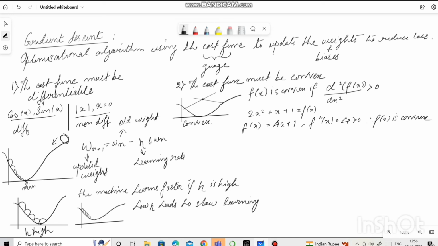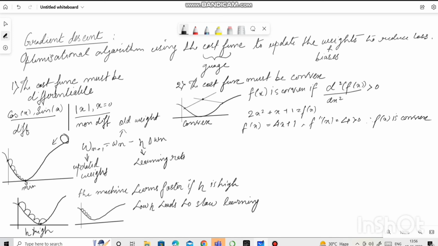So our aim is to have an optimal learning rate, or even better, it would be if the learning rate is also a learnable parameter. There are many algorithms which update the learning rate as the learning goes on. So the learning rate is not the same at the beginning and at the end. The learning rate also changes.